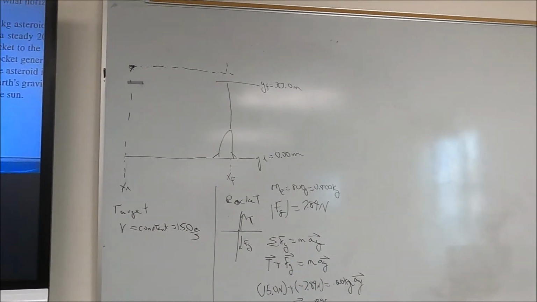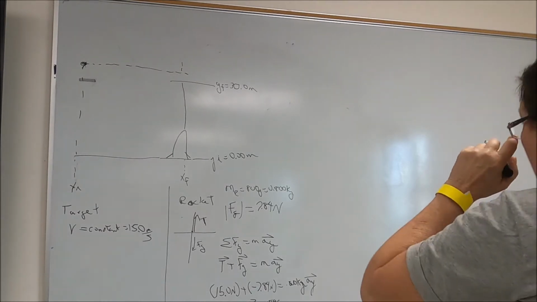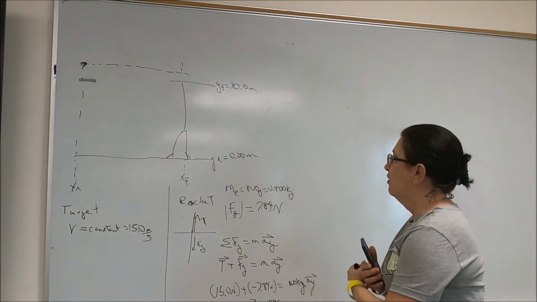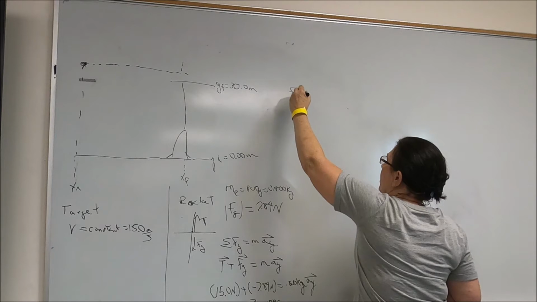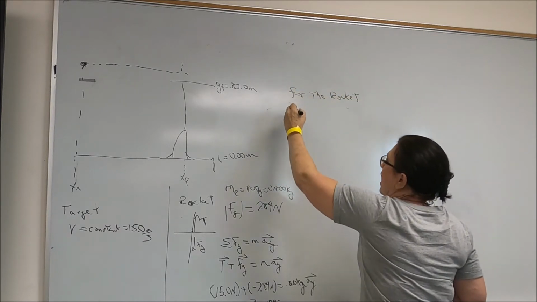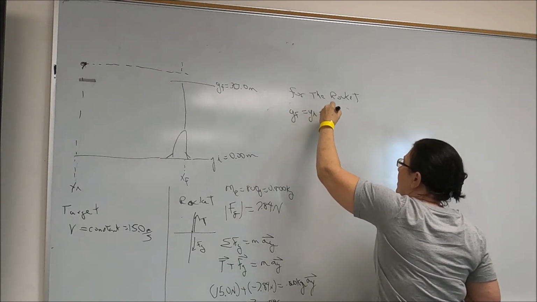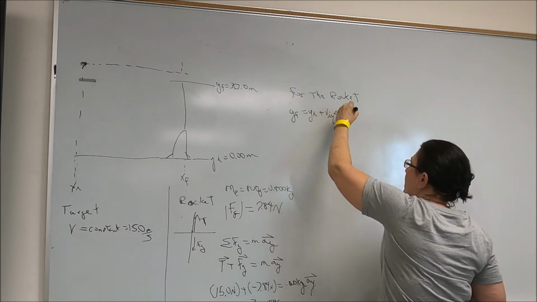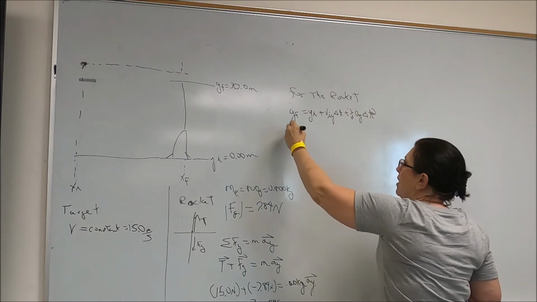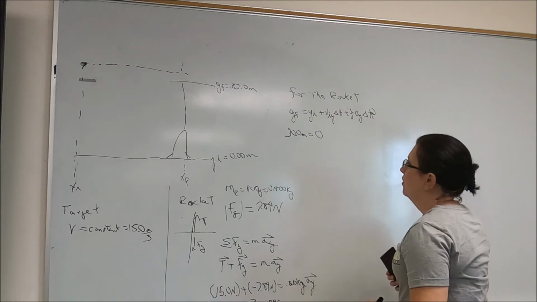I'm going to clear this a little bit so we have more board that we can see. Now I want to figure out how much time it's going to take me to get to y max. So for the rocket, I can say that y final equals y initial plus v initial y delta t plus 1/2 ay delta t squared. Now I know y final is 30 meters. Y initial is 0.